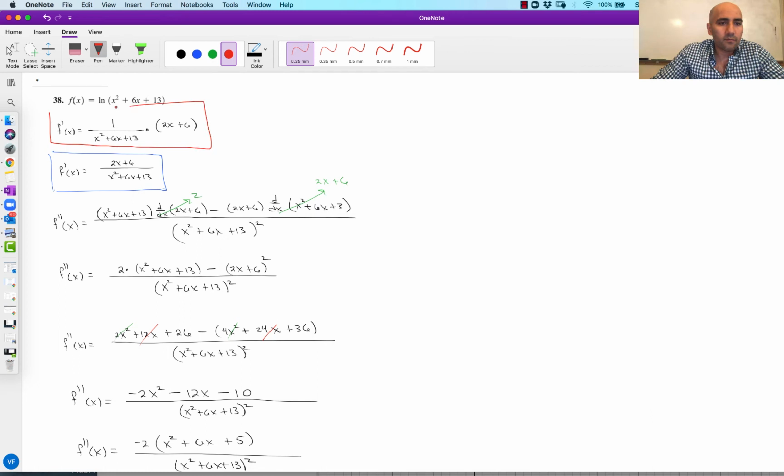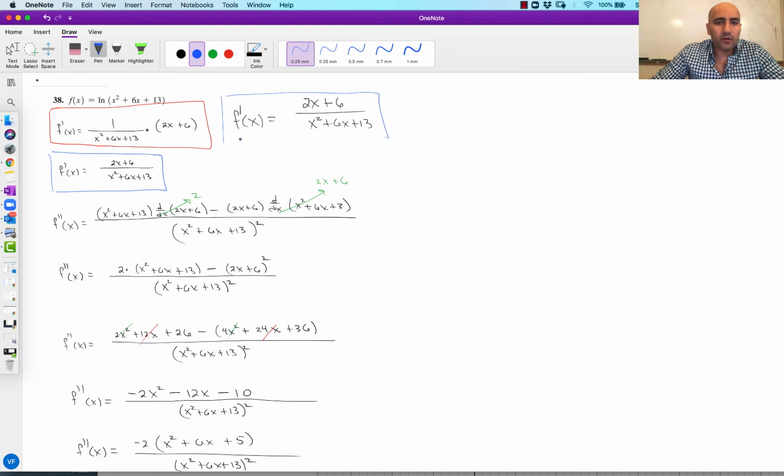I'm just going to copy this over here and say that the first derivative was equal to 2x plus 6 divided by x squared plus 6x plus 13. That's our first derivative.